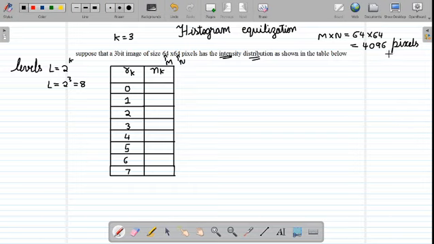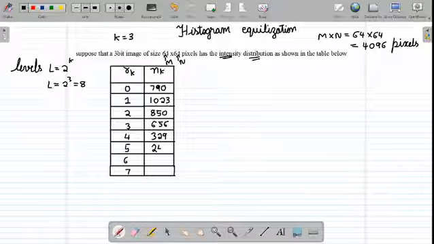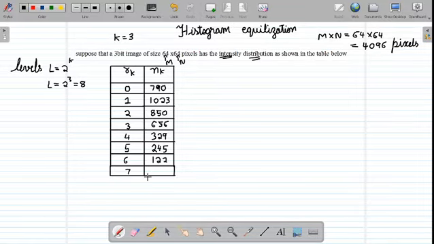Out of 4096 pixels, 790 pixels will be having intensity of 0, and 1023 pixels will be having an intensity of 1, and 850 pixels an intensity of 2, and 656 pixels an intensity of 3, and 329 pixels an intensity of 4, and 245 pixels an intensity of 5, and 122 pixels an intensity of 6, and 81 pixels an intensity of 7.